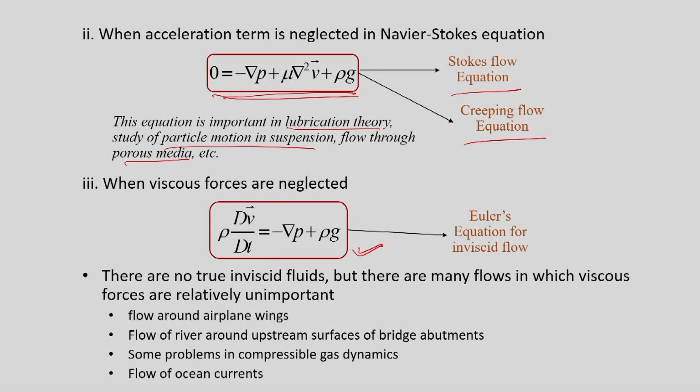In general, we do not experience truly inviscid flows, but there are many cases where the influence of viscous forces is almost negligible compared to the other terms of the momentum equation. So, the Euler equation is also useful in applications such as flow around airplane wings, flow of a river around the upstream surface of bridges, compressible gas dynamics, ocean currents, etc.